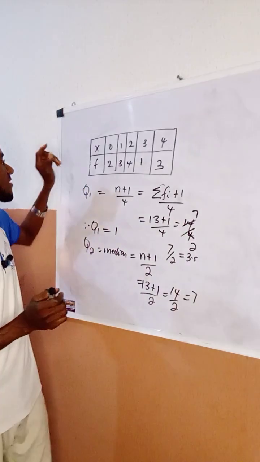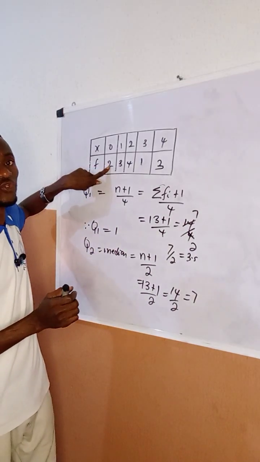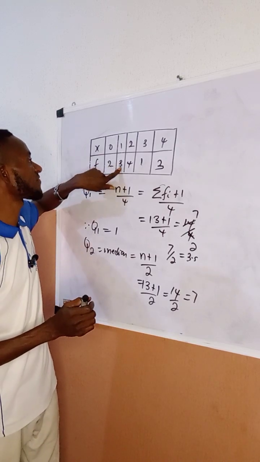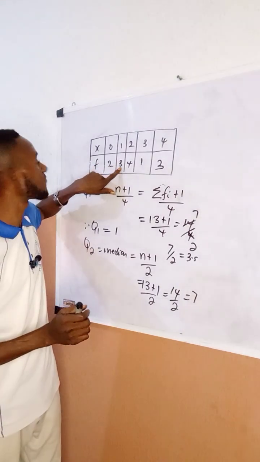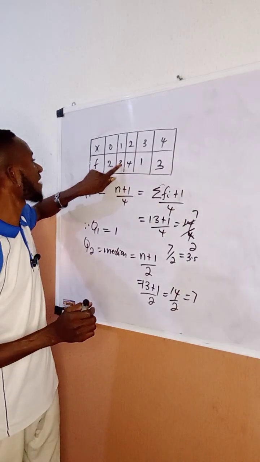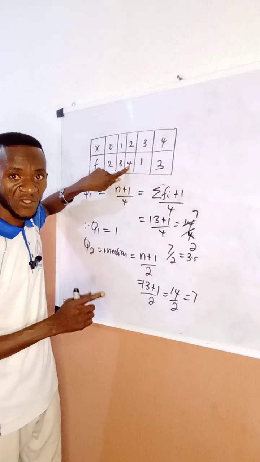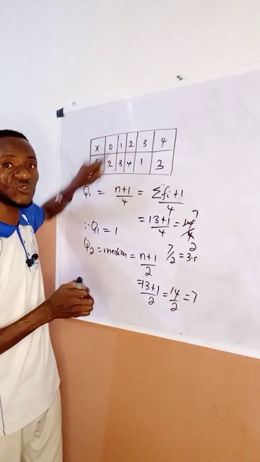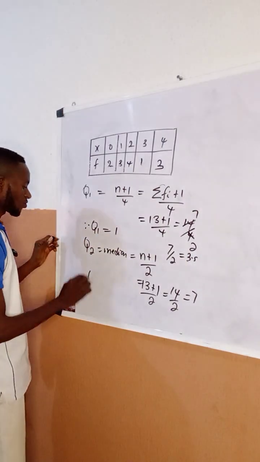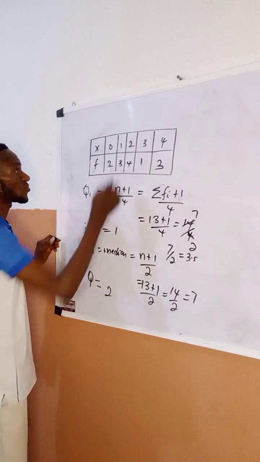And I ask myself, is 7 found in 2? No. 2 plus 3 is 5. Is 7 found in 5? No. 5 plus 4 is 9. Is 7 found in 9? Yes. What is it that owns that thing? 2. Then I have that my Q2 is equal to 2 here.